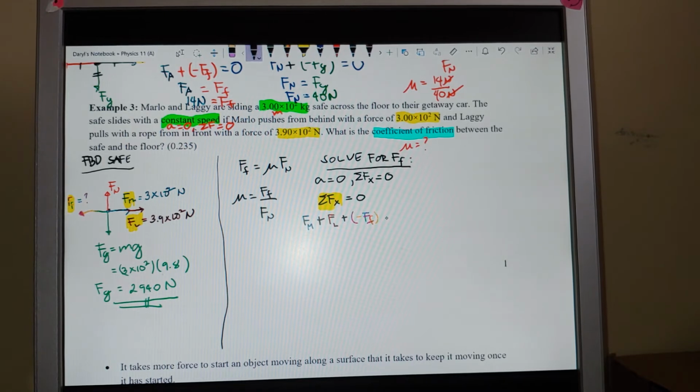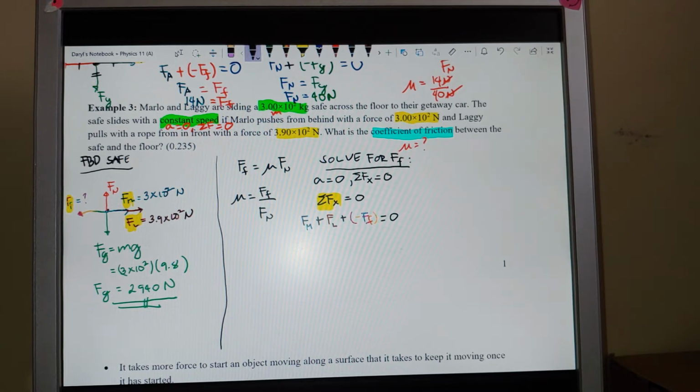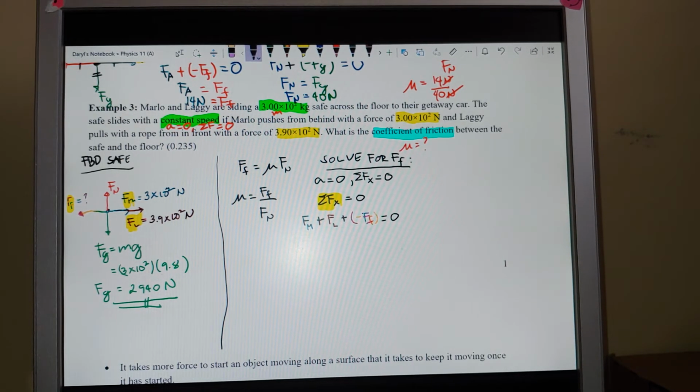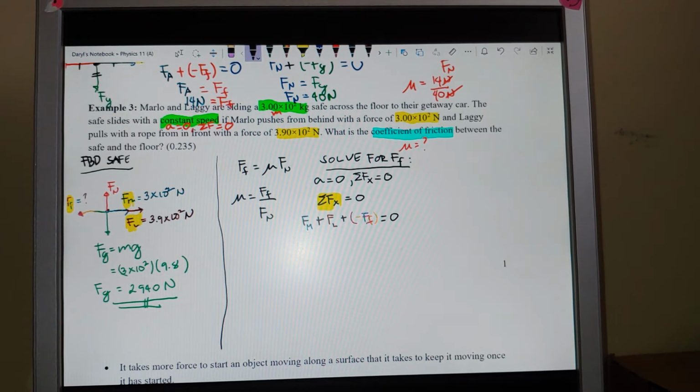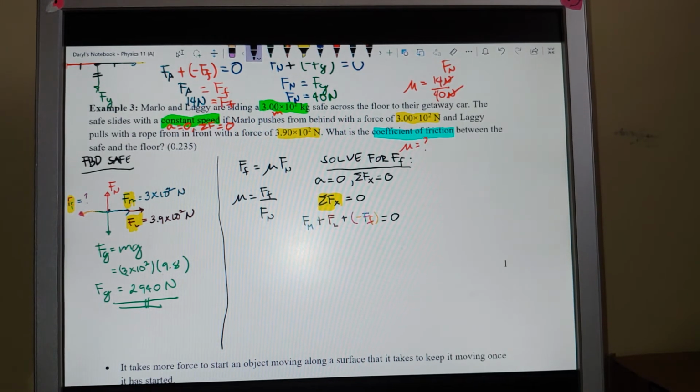And if I take the sum of all of those forces, it gives me 0. Remember that FF is negative because it's in the opposite direction. Remember that these are vectors, so you have to take note of the direction.